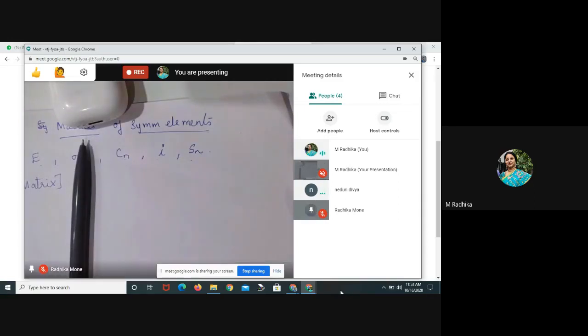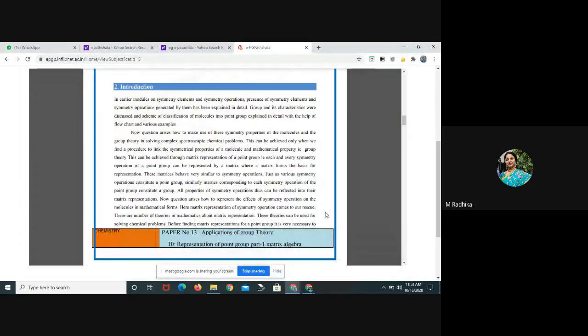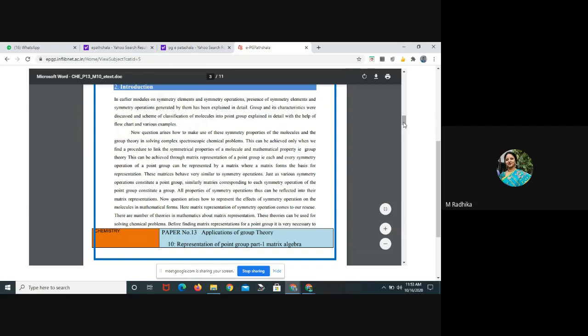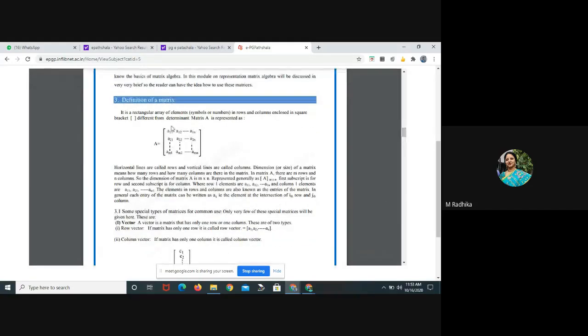Are you from a biology background or a mathematical background? Biology. Okay, then I will tell you a little bit about matrices. The main reason we are learning matrices is that they connect group theory and symmetry elements, and help us understand group theory in a simple way. Any matrix is represented with square brackets.